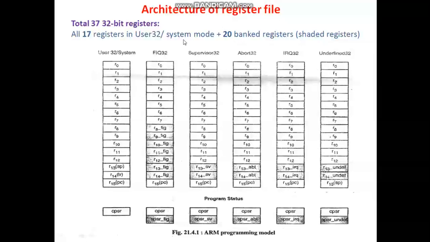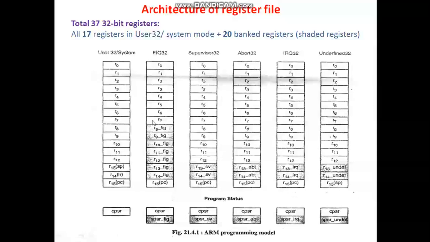We'll discuss them later. But now let us see how the different registers are visible in the different modes. For example, when FIQ mode is invoked, you can see that registers R0 to R7, which were available in this mode, are still visible here. But R8 to R14 are now replaced by a new set of registers called R8_FIQ, R9_FIQ up to R14_FIQ.